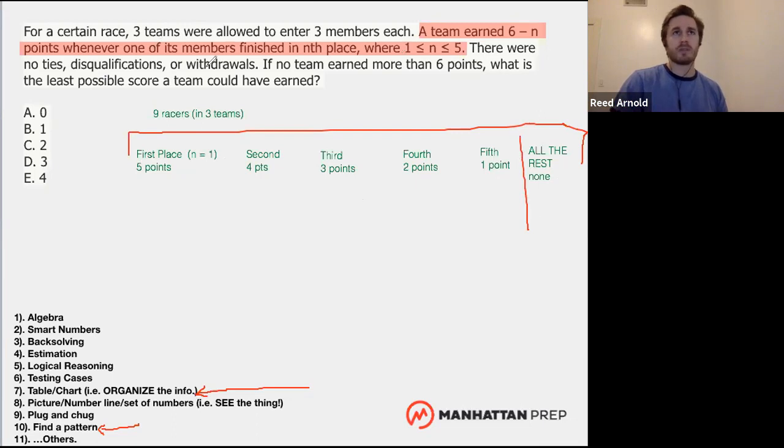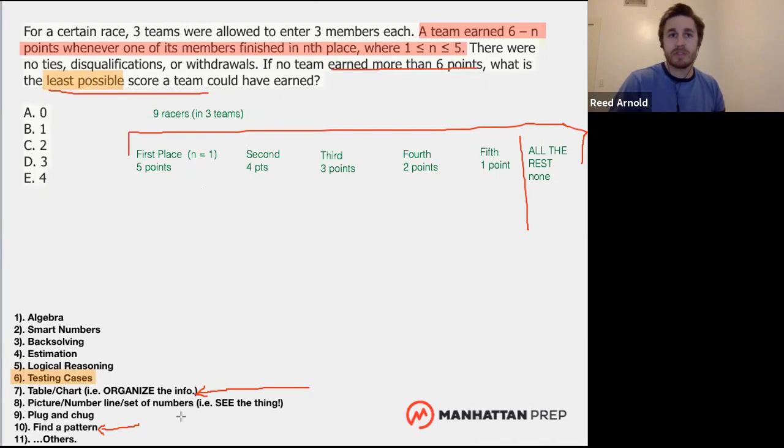And now there were no ties, disqualifications, or withdrawals. If no team earned more than 6 points, what is the least possible score a team could have earned? Well, since I'm talking about least possible, possibility is often about testing cases.